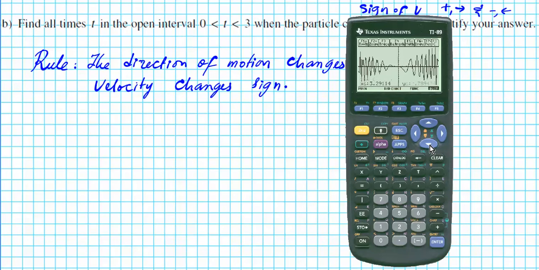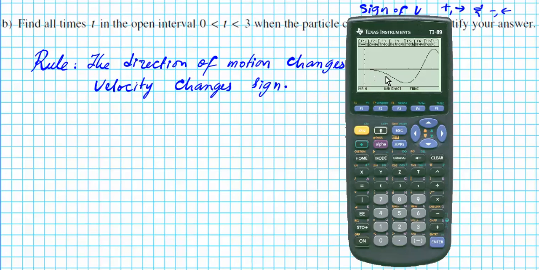The rectangular box I'm drawing right there is what will be graphed after I press enter. So I have 0 to 3 looking good. Press enter. That way I can block out all the noise and focus on the relevant component of the function that I care about, which is from 0 to 3. All right, so this is what we have.